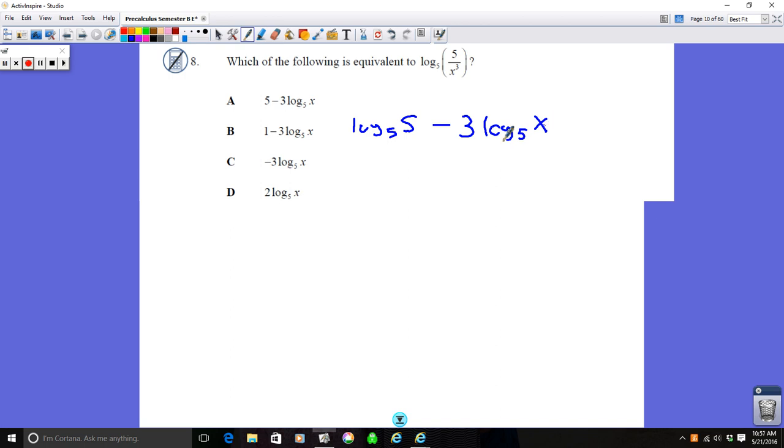And that answer choice isn't there because we can evaluate this. 5 to what power equals 5? Well, that's going to be equal to 1. So log base 5 of 5 is 1 minus 3 log base 5 of x, which is answer choice B.